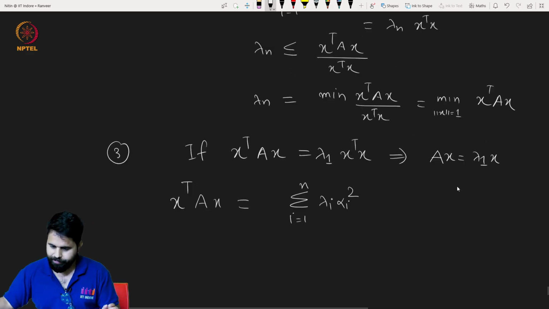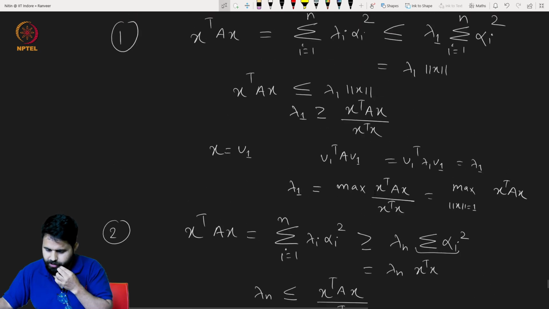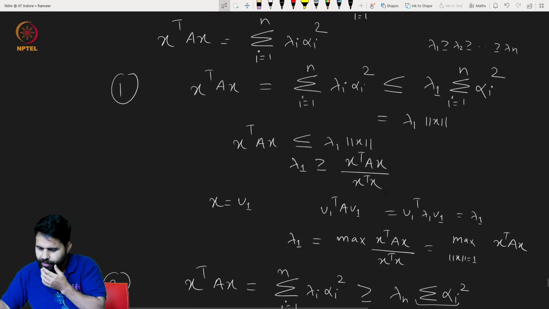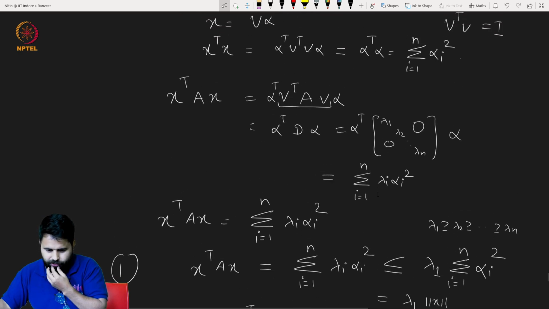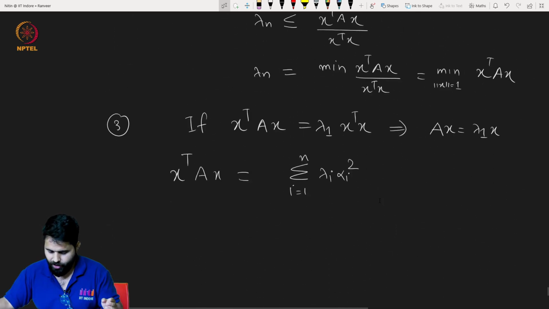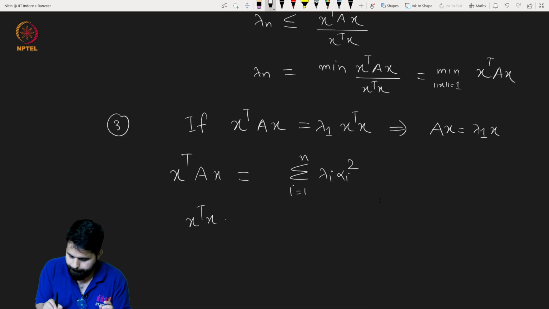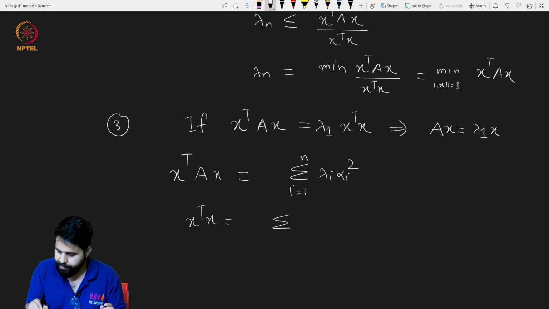This was the fact that I am again using. And the next fact that I calculated above is that X transpose X is nothing but the summation over alpha i square. Very good.